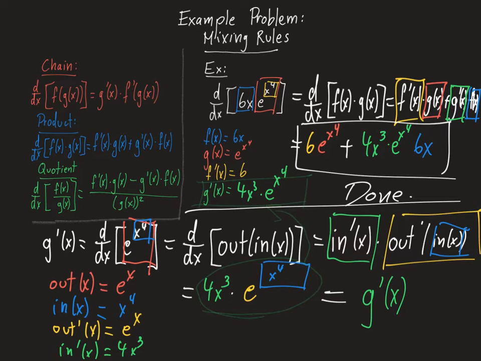It was all to figure out what this g prime of x is in the product rule that we're using. So once you've done all this down here, which is all just a simple chain rule, then you plug that back into the missing piece, and then you finish off doing your product rule. At that point, all you have to do is rewrite the rule and plug everything in the right place, minding your parentheses if you need to.